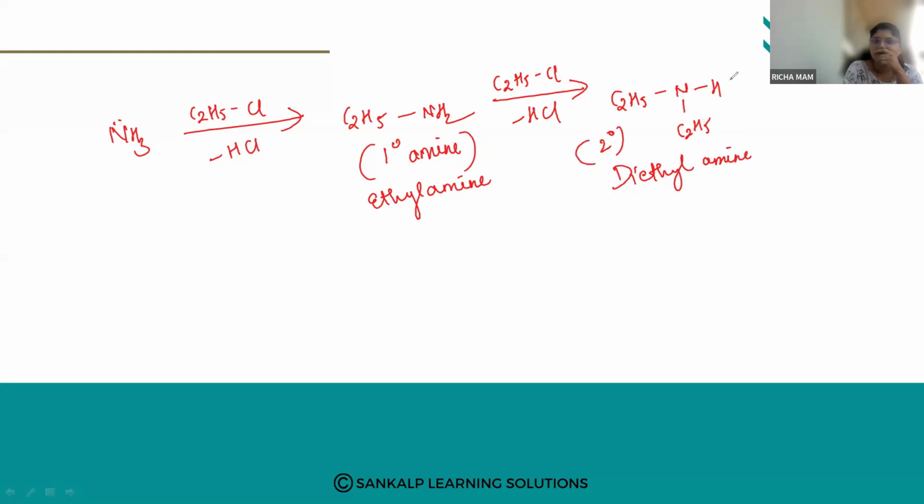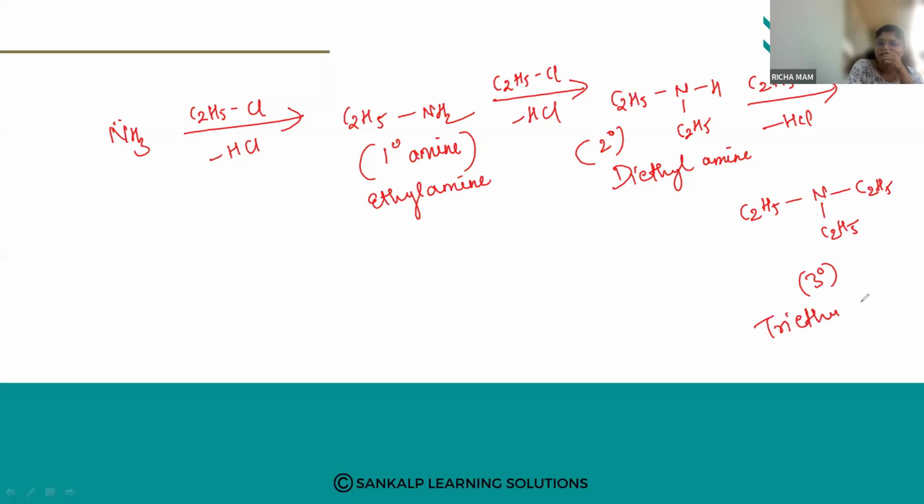Again, we have one more hydrogen. So again, we are going to treat it with ethyl chloride. What will happen? HCl will be removed. And we are going to get triethylamine. Okay, this is a tertiary amine.